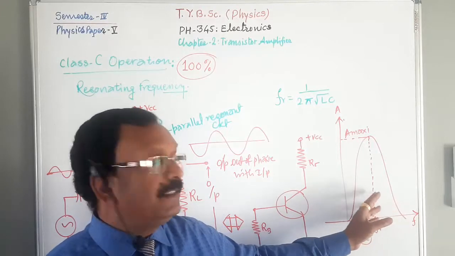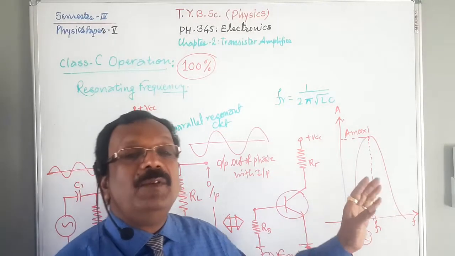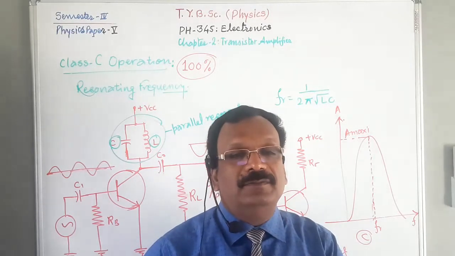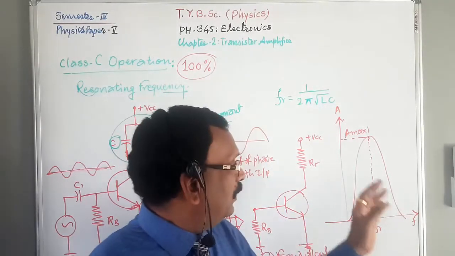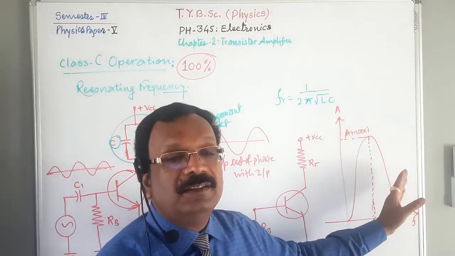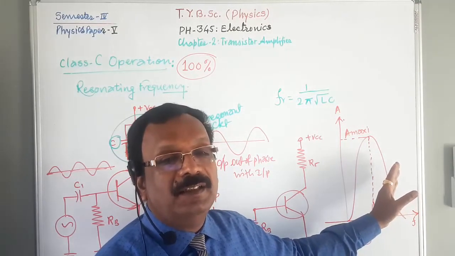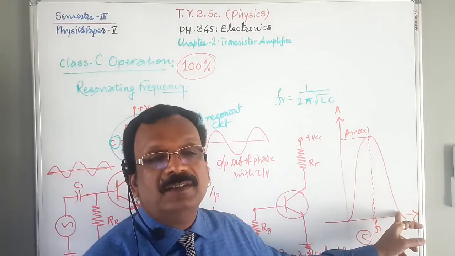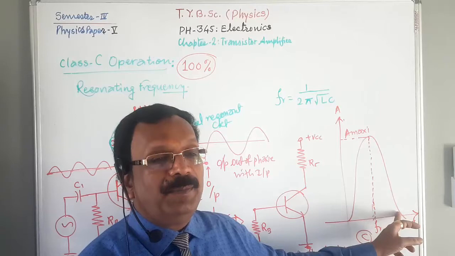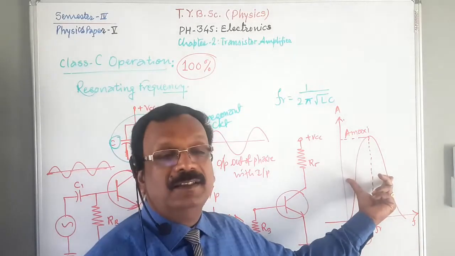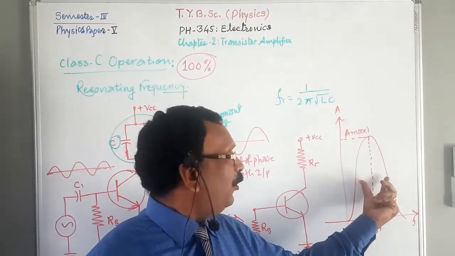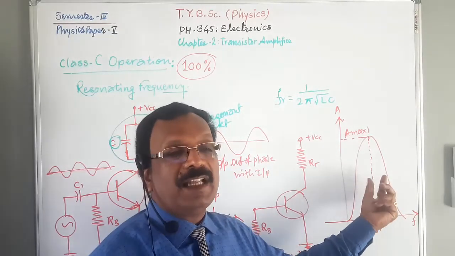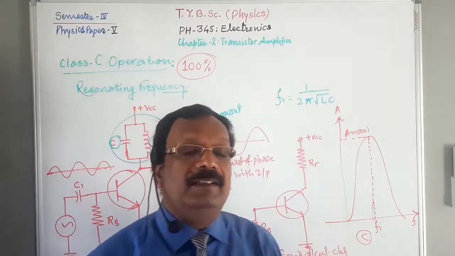Hence, a tuned class C amplifier is always intended to amplify a narrow band of frequency. What I say? On either side of this resonating frequency, the voltage drops, and hence the tuned class C amplifier is always intended to amplify a narrow band of frequency.